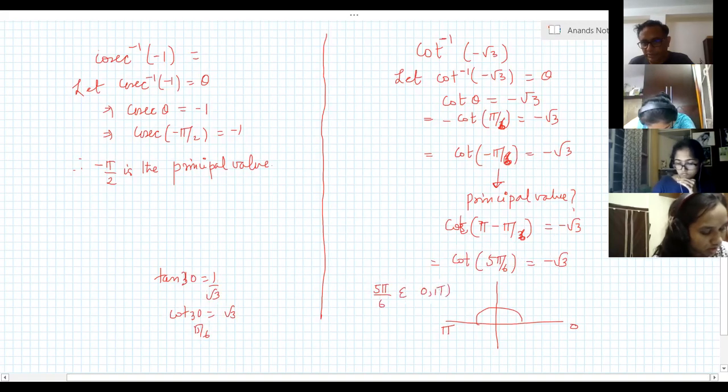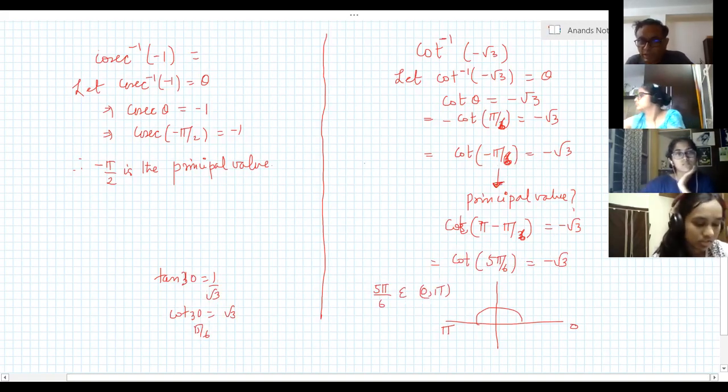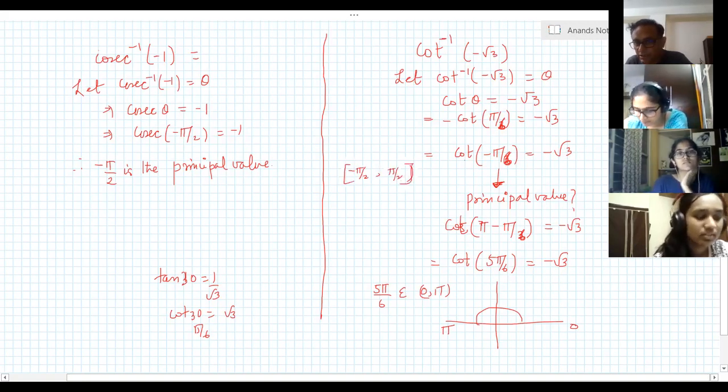This is what you have to check because see, when you got cot of minus pi by 6, you can't give that as an answer. If you don't know, by mistake, Hannah, please pay attention. Like for tan, we say minus pi by 2 to pi by 2, so we may think that as the base and say for cot, minus pi by 6 for tan is okay.